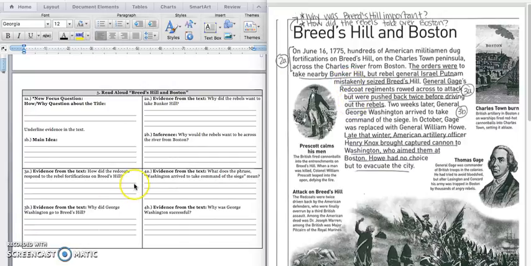So in 3A, we would say they responded by rowing across the Charles River to attack the rebels. Press pause to write down your answer and play when you're ready for 3B.